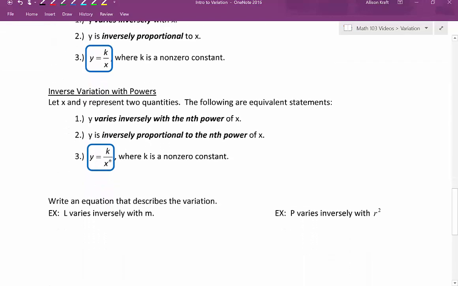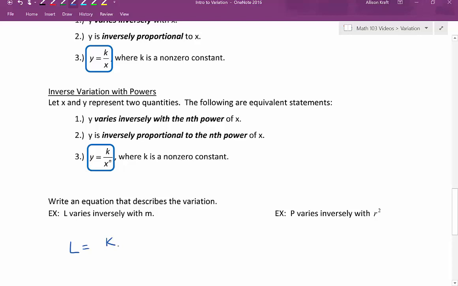Let's write an equation that describes each variation. L varies inversely with m. So we're going to start with L equals, because that's the variable that comes before varies inversely. K is always there.